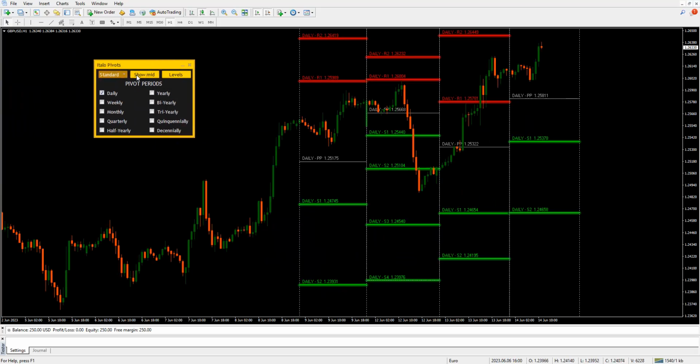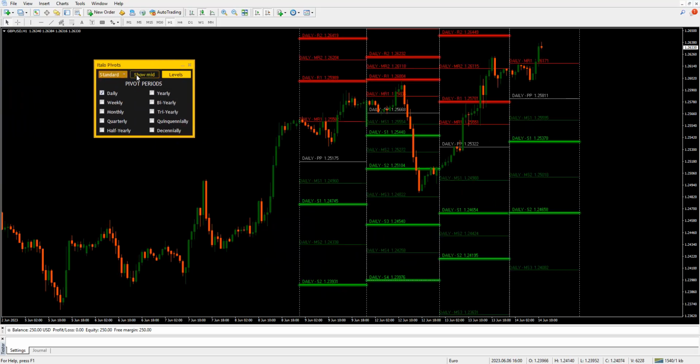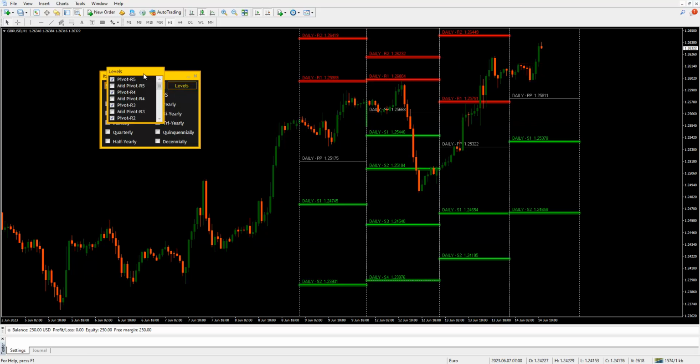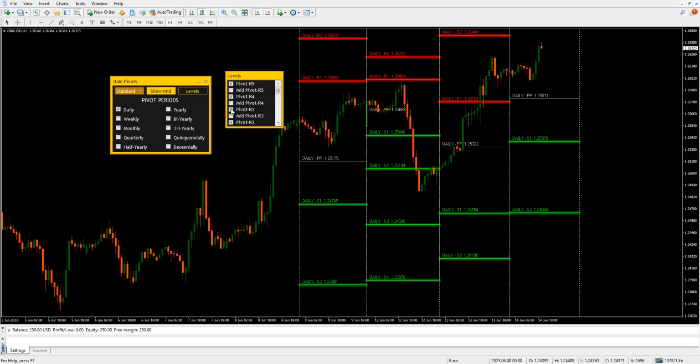Here you can show mid pivot points, and here on levels you can put the levels you want and the levels you don't want. Now I'm gonna show you some trades, how you can trade with Italo Pivots.